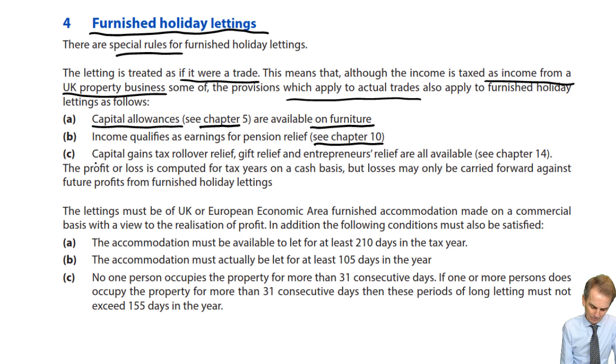The final one here is capital gains tax. Now, we don't yet know about capital gains tax other than a very simple concept. We buy a capital asset. Some years later, we sell that asset for more than the total costs we incurred in acquiring it. The profit made is a capital gain, and that capital gain is subject to its own taxation, capital gains tax.